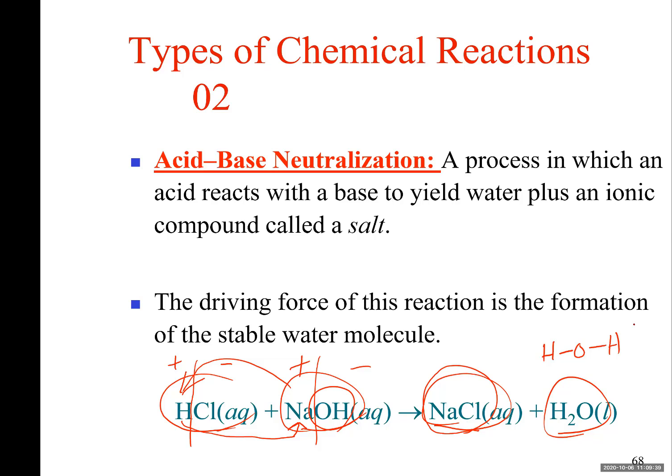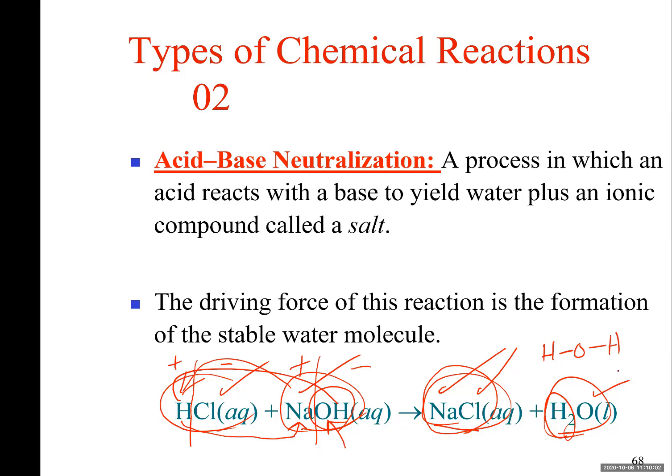Now, do you see this equation is balanced? You have 1 sodium, 1 Cl on both sides, 2 hydrogens here, 1 oxygen, and 1 oxygen on the other side. So this is a balanced equation.